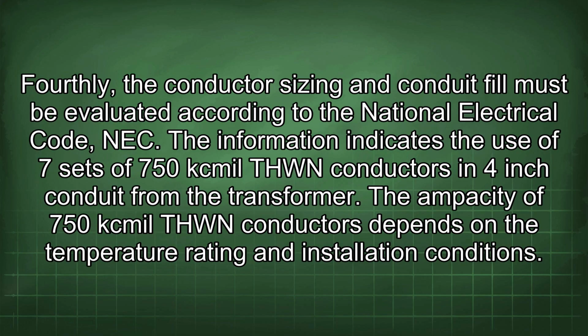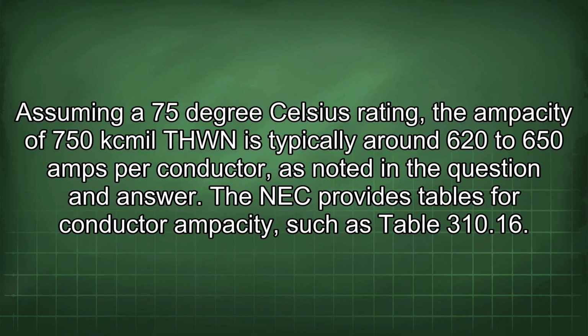Fourthly, the conductor sizing and conduit fill must be evaluated according to the National Electrical Code (NEC). The information indicates the use of 7 sets of 750 kcmil THWN conductors in 4-inch conduit from the transformer. The ampacity of 750 kcmil THWN conductors depends on the temperature rating and installation conditions. Assuming a 75 degrees Celsius rating, the ampacity is typically around 620 to 650 amps per conductor, as noted in the question and answer.